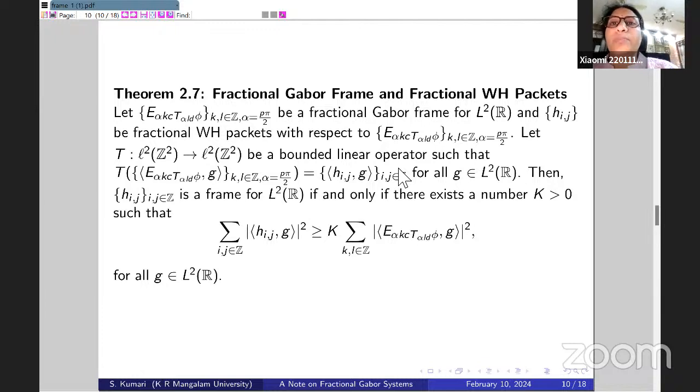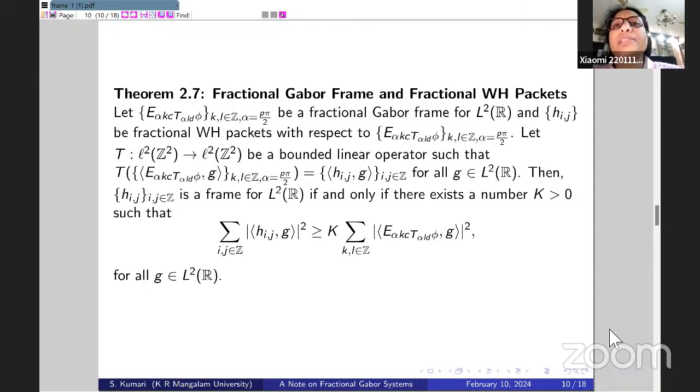Let T be a bounded linear operator from L2(Z²) to L2(Z²) such that T of the inner product of E_{αKc} T_{αLd} φ and g, where K, L are integers and α is pπ/2, is equal to the inner product of H_ij with g, where i, j are integers, for all g in L2(R).